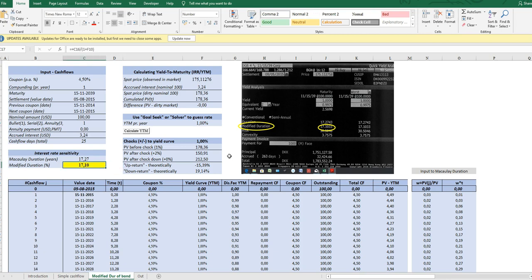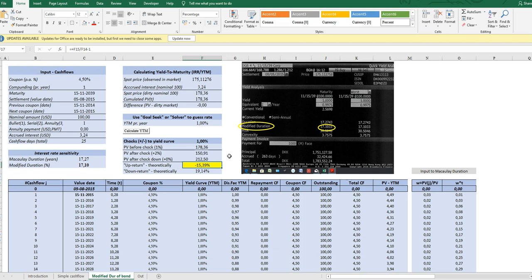When interest rate goes up, the modified duration measure tells us that the bond price would go down by 17.10%, but it only goes down by 15.39%. So on the upside it underestimates the value for the bond investor, and on the downside it underestimates too.